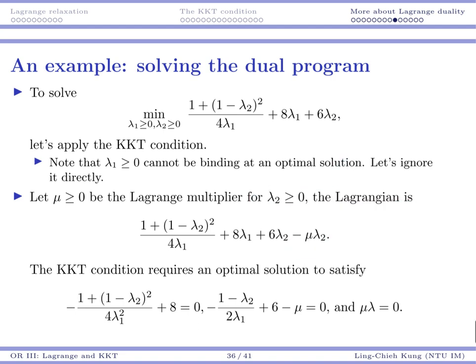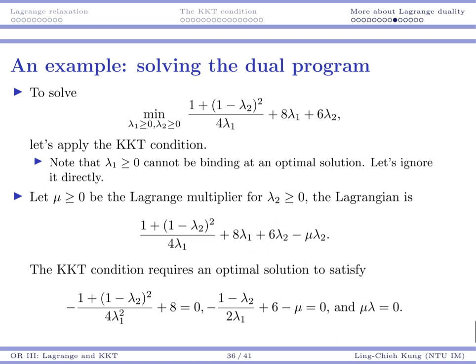Here, I need to help you take a look at this sign of mu, okay? Here, we are doing minimization. So if we want to reward feasibility, then when lambda 2 is positive, we should make the objective value smaller. That's why if you put a negative term here, to make it smaller, your mu should be non-negative. Okay, so I hope that makes sense.